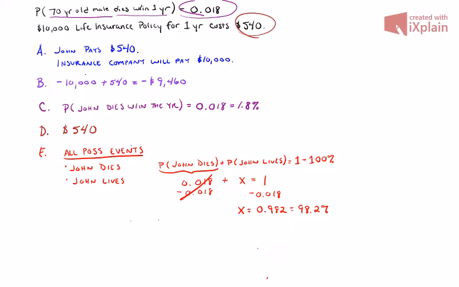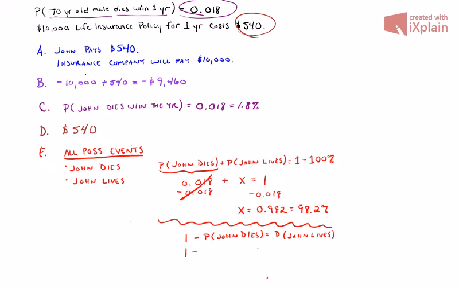Another way of looking at this problem would be, again, we're looking at the complement, so the opposite of John dying, or all the other possible events other than John dying. We could go ahead and just start off with 1 minus the probability that John dies, which would result in the probability that John lives.